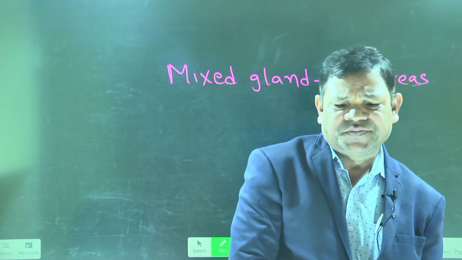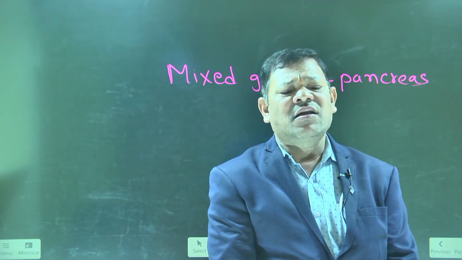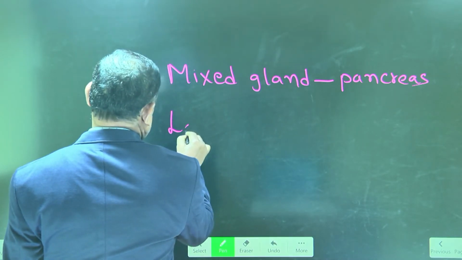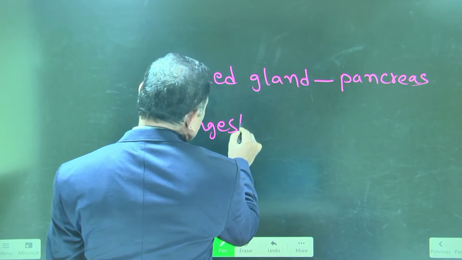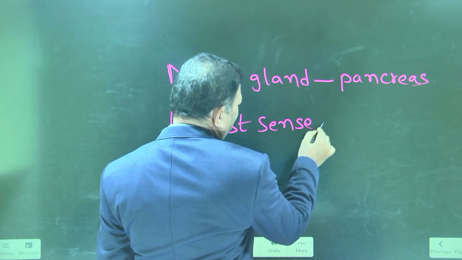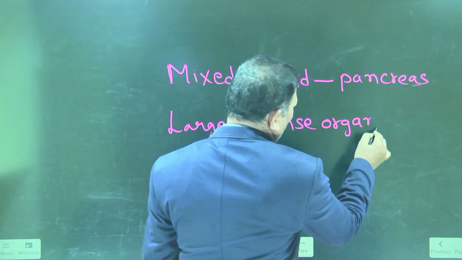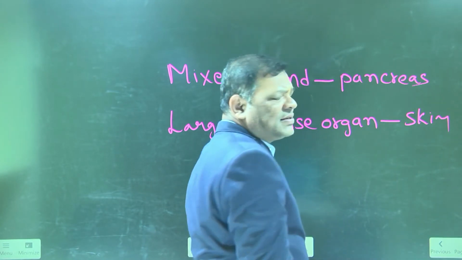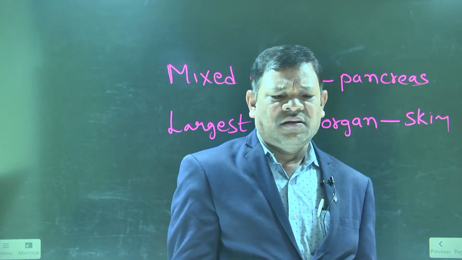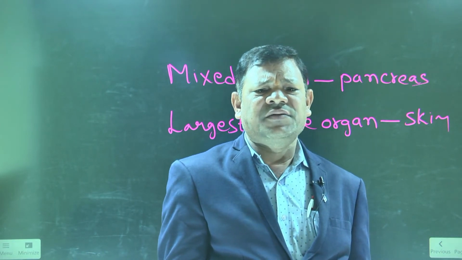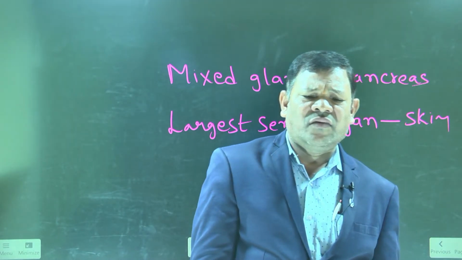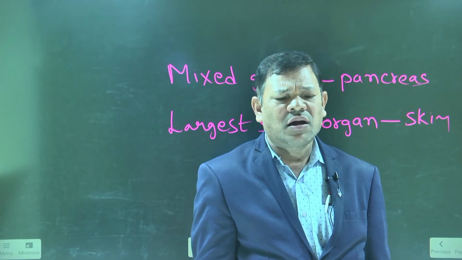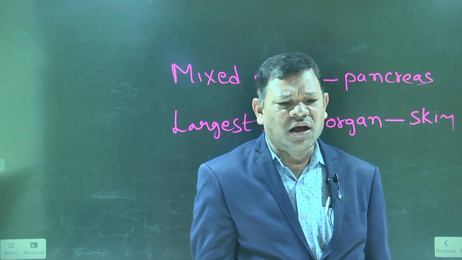Okay, next. What is the largest sense organ? Skin is the largest sense organ. Yes or no? How many sense organs are present? Fifty-nine.